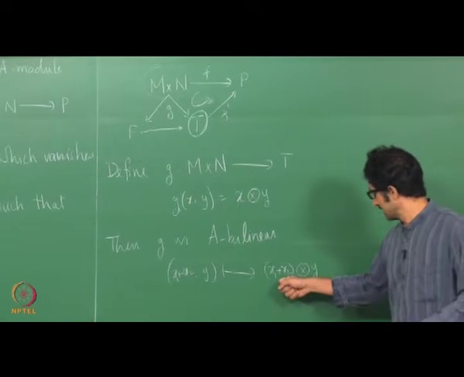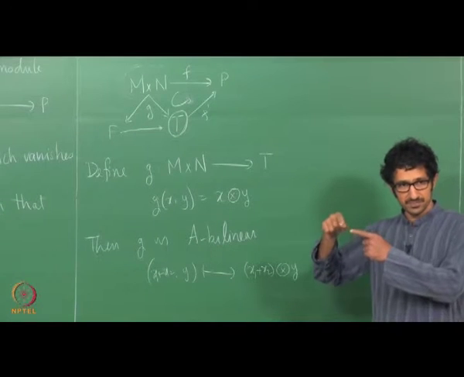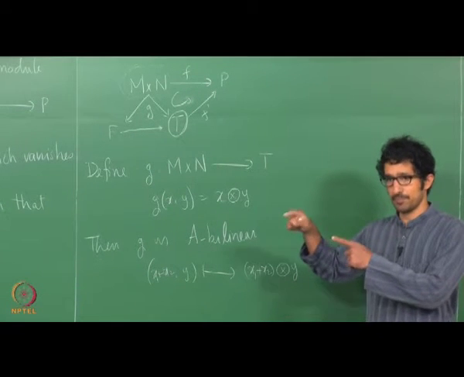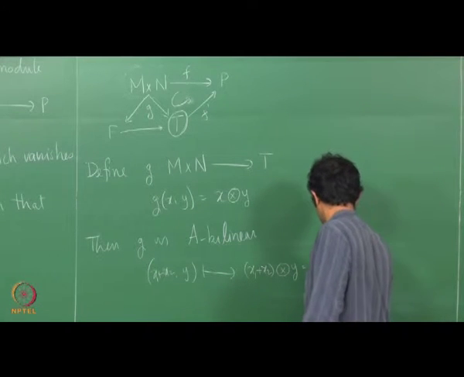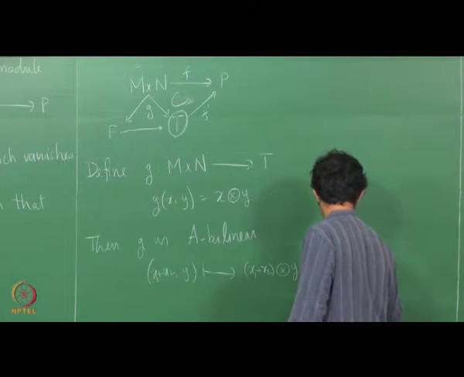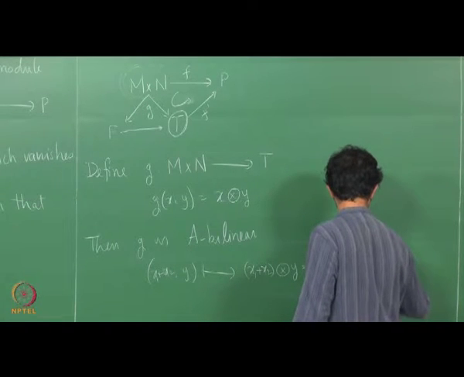So this is e(x1, y) plus e(x2, y) bar, which is the same as x1 tensor y plus x2 tensor y.